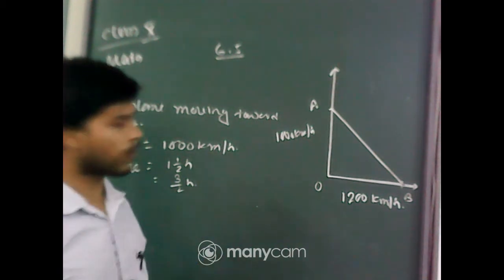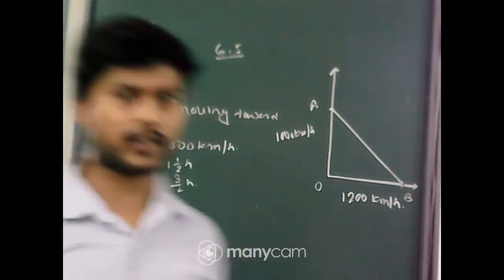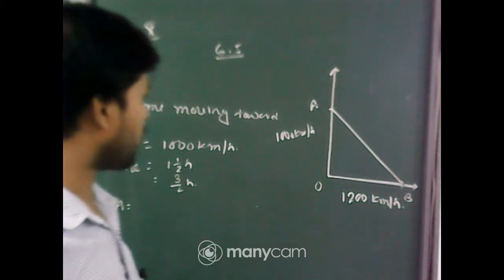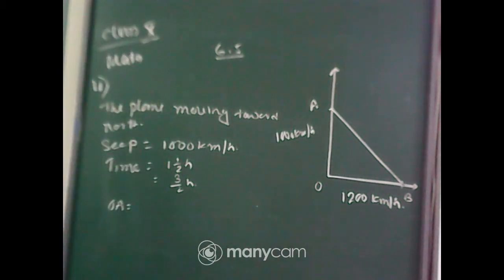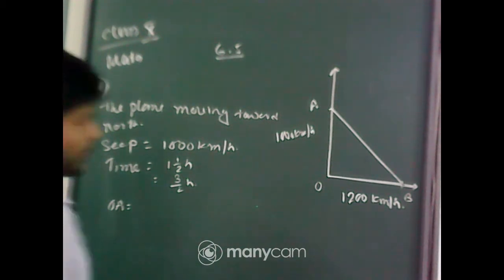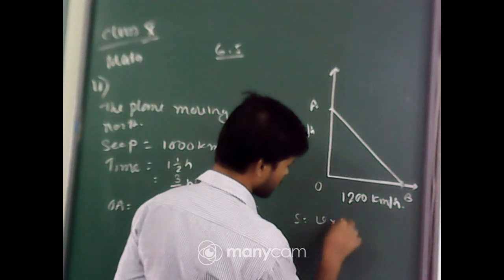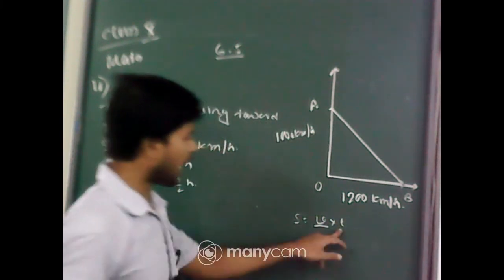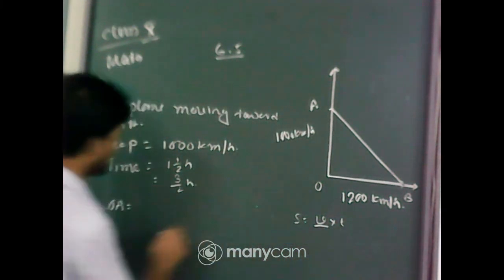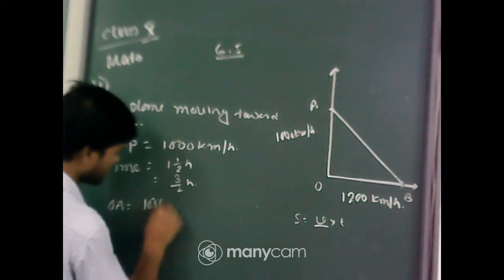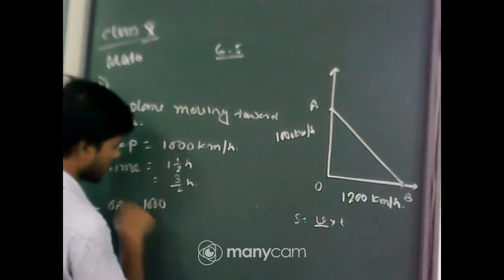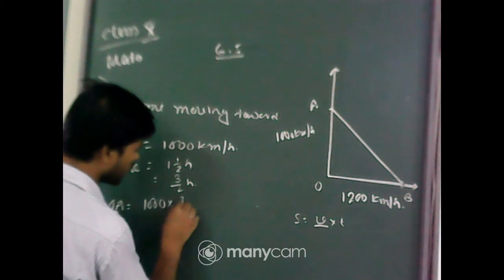Now can you tell me what will be the distance covered by the plane flying with 1000 km per hour velocity? Look, we know a formula that S is equal to Vt, where V means the velocity and T means the time. So in that case, velocity is equal to 1000 km and time is equal to 3 by 2.